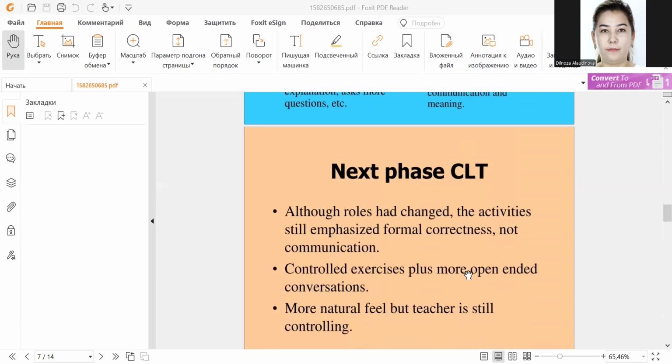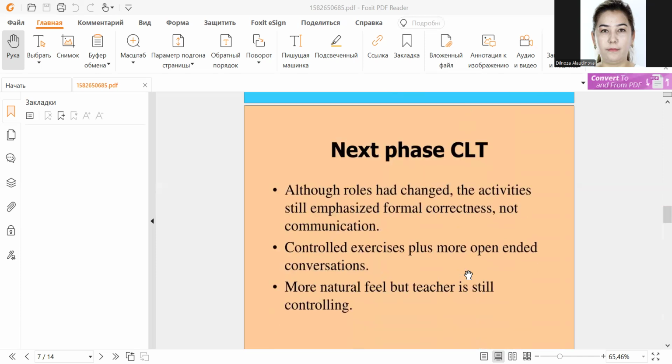Next phase of CLT. Also, roles had changed. The activities still emphasized formal correctness, not communication. Controlled exercises plus more open-ended conversations. More natural feel, but the teacher is still controlling.